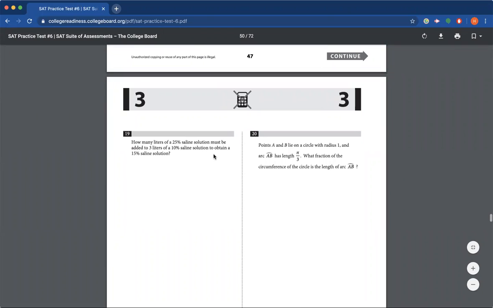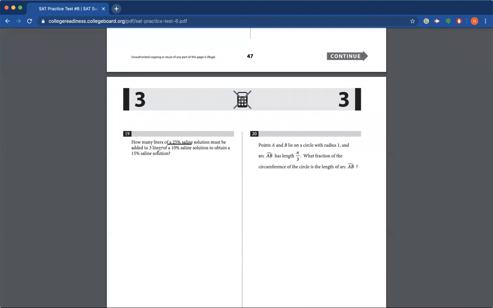I want to blitz through this since we have a few minutes. How many liters of 25% saline solution should be added to 3 liters of a 10% saline solution to obtain a 15% saline solution? Remember, like I said at the very start of the workshop, use decimals when you're multiplying for percentages.